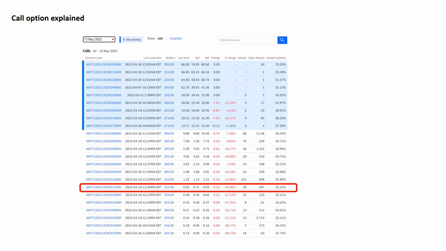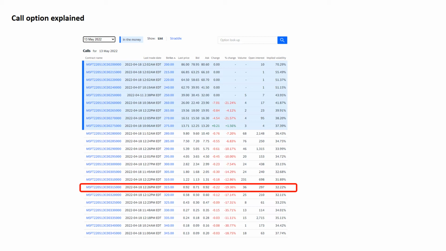If you sold the Microsoft call option contract that will expire on the 13th of May 2022 for $315 strike price, you will receive 71 cents per share, which means that if you multiply that by 100, you would receive $71 for your call contract.